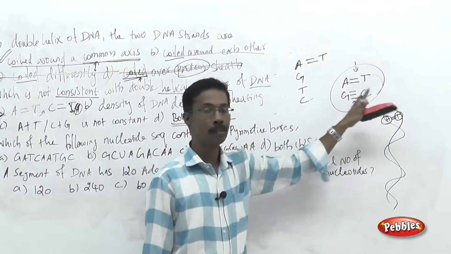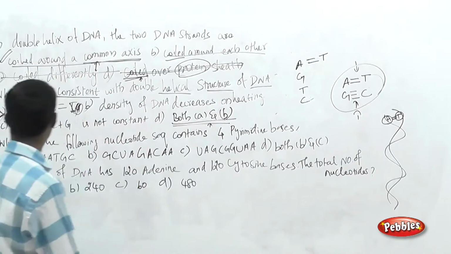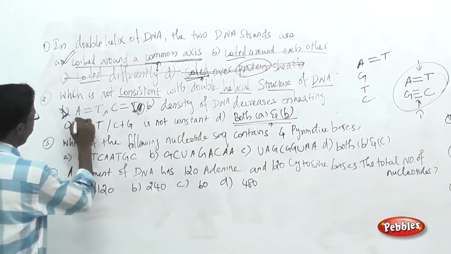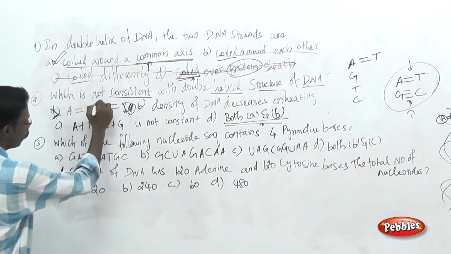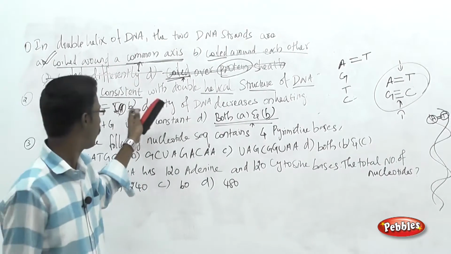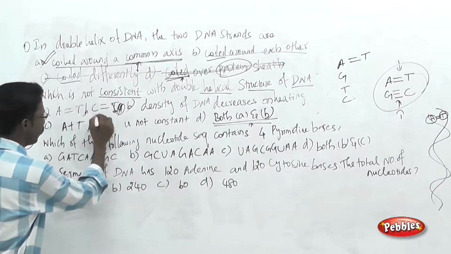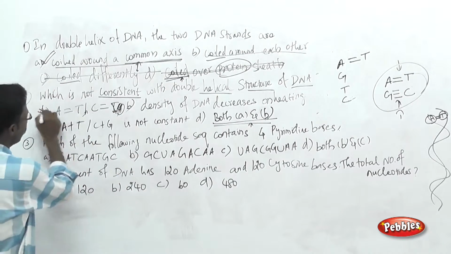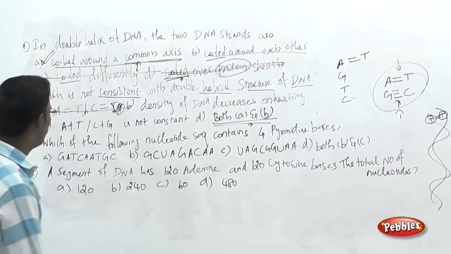This is a double helical, double stranded structure. If adenine is present in one strand, the opposite strand must possess thymine, then only it will make a hydrogen bond. So the number of adenine is always equal to thymine, and the number of guanine is always equal to cytosine. This is what you have to remember. So adenine equal to thymine is correct, but cytosine is not equal to thymine. Cytosine is always equal to guanine. So this is a wrong choice for the question.